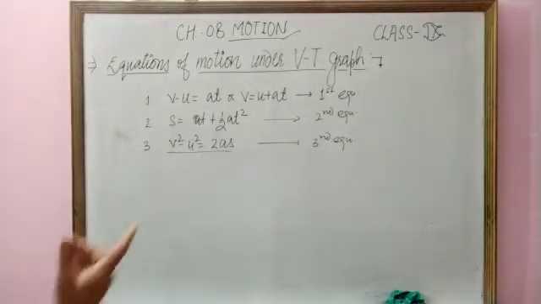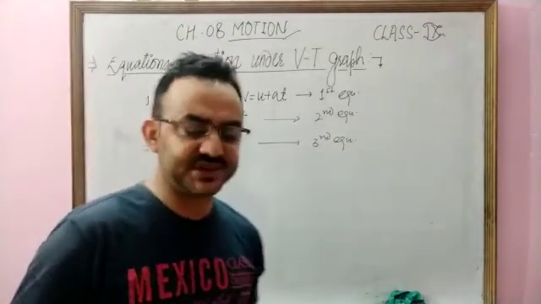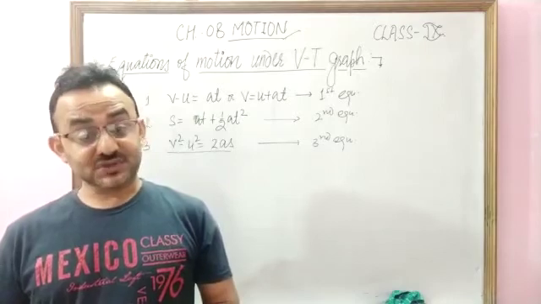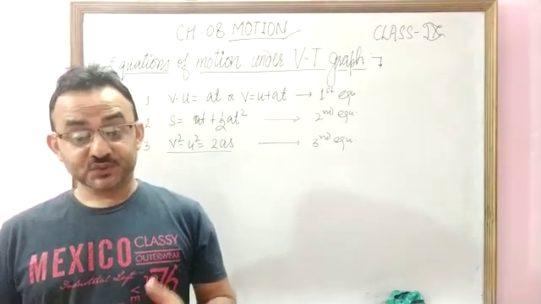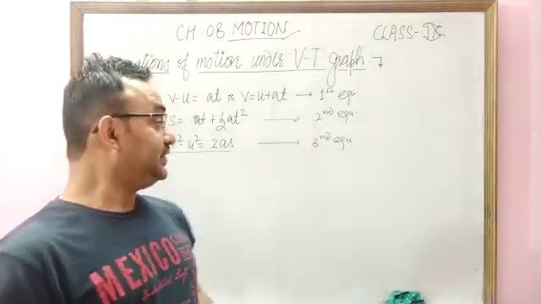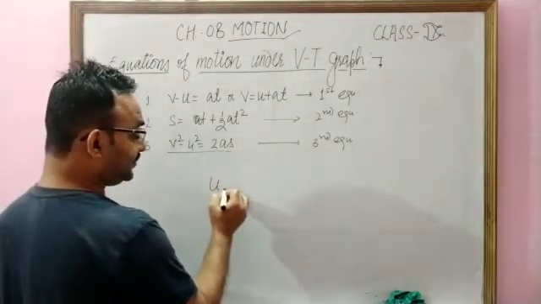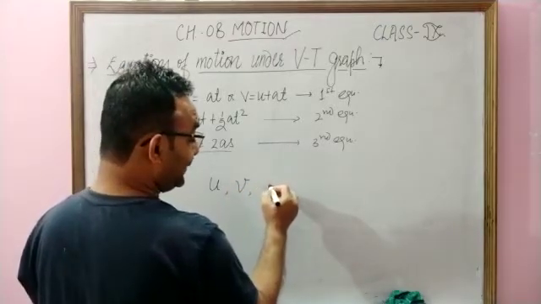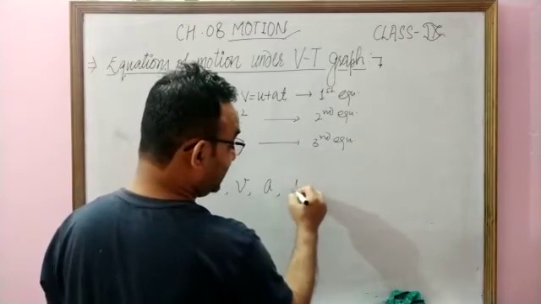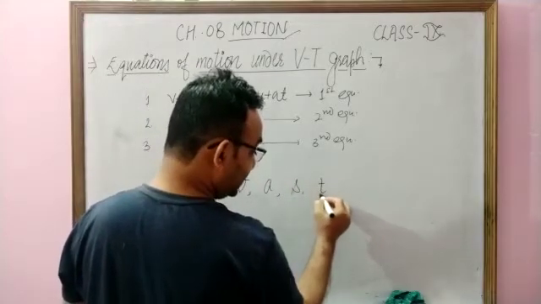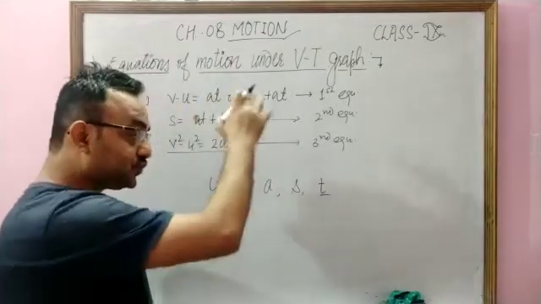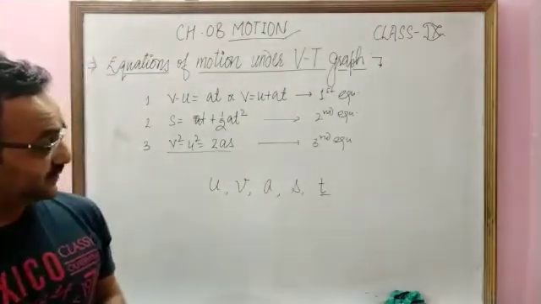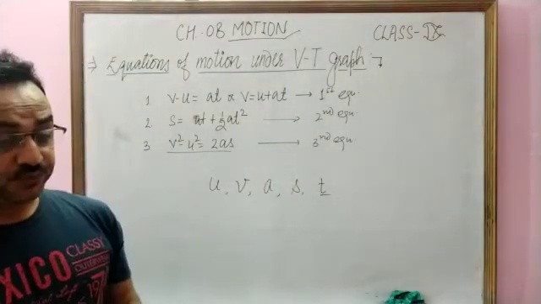So the condition is here, when a body having uniformly accelerated motion travels in a straight line, the relationship between its initial velocity U, final velocity V, and uniform acceleration A and distance covered S in a given specific interval of time T, is shown by these three equations, or you can say are called the equations of motion.